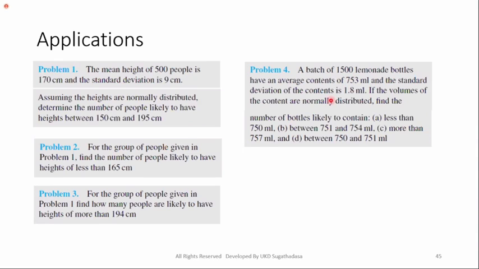Even at 757, it has 20 bottles. The production is under control, but not fully. You see that for this kind of thing, without observing all the information, you can come to a conclusion about certain matters. So this is a kind of industrial application of the normal distribution.